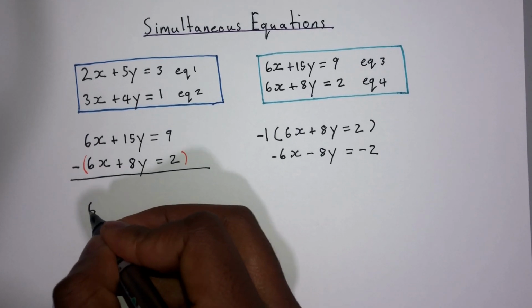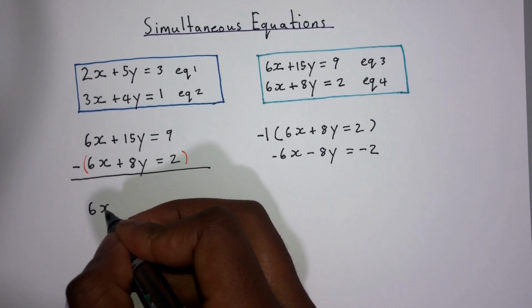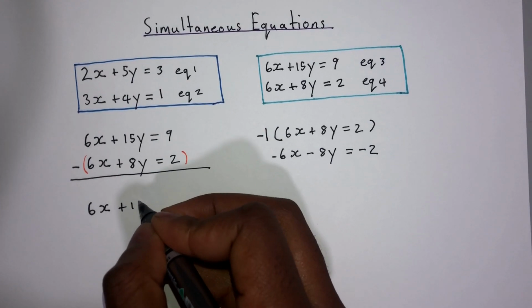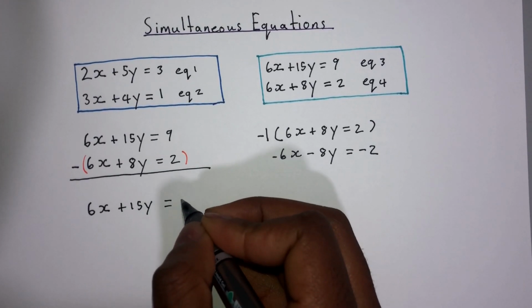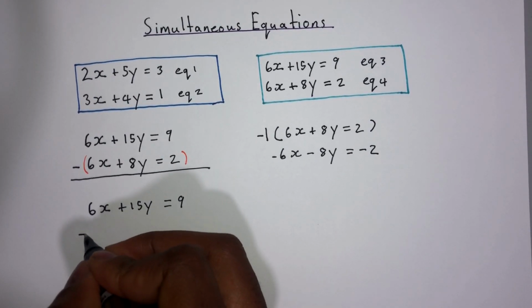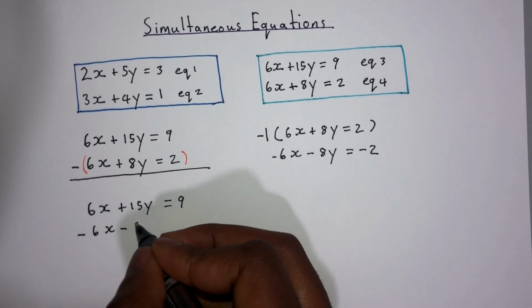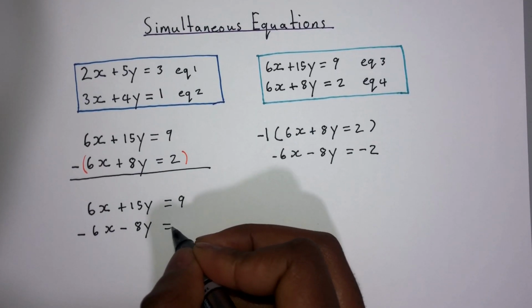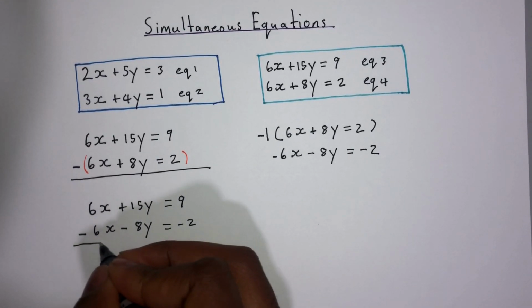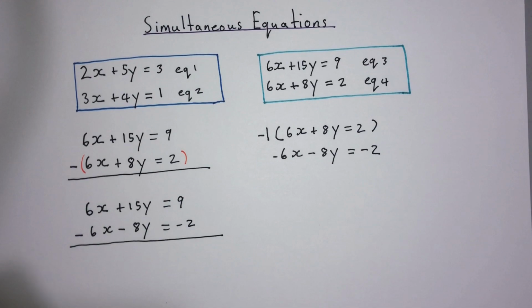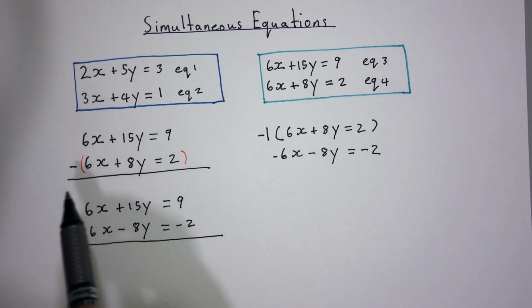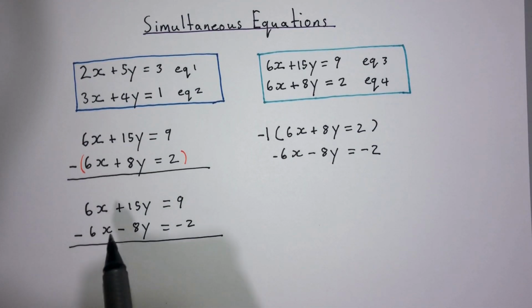Now we can carry out our operation. 6x plus 15y equals 9, and -6x minus 8y equals -2. And when we distribute the negative sign, it's easier to carry out our operation, and there is less chance of making any errors.